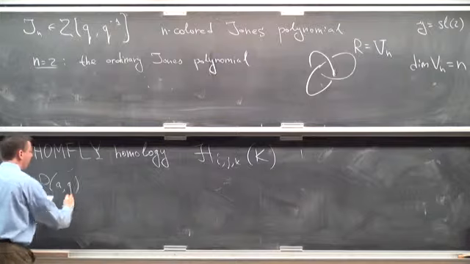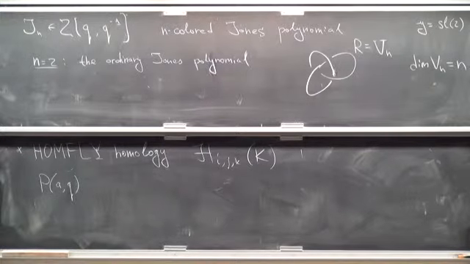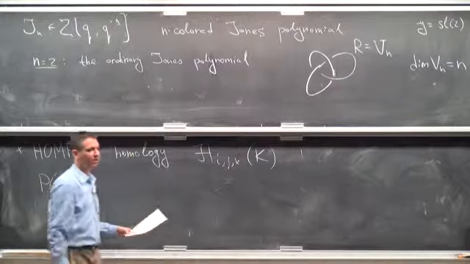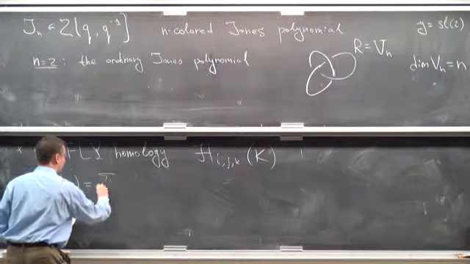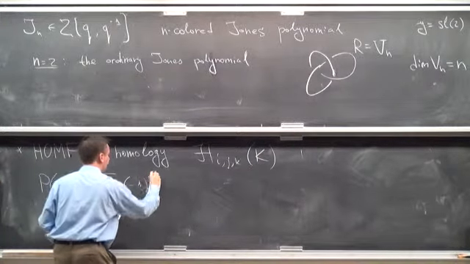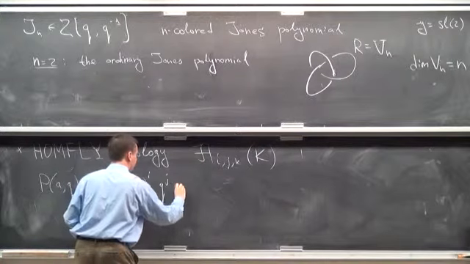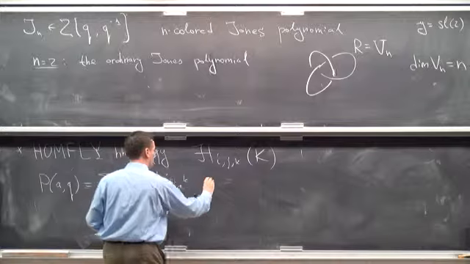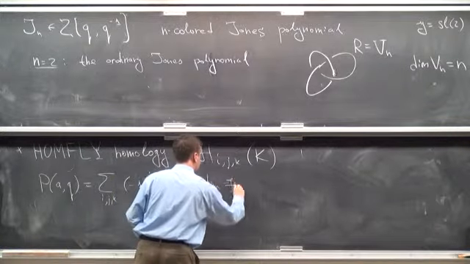our familiar friend, namely the polynomial, is obtained from this triply graded theory by collapsing one of the gradings and summing with weight -1. So this is the sum over I, J, and K, (-1) to the I, Q to the J, and A to the K of the dimensions of H_ijk.